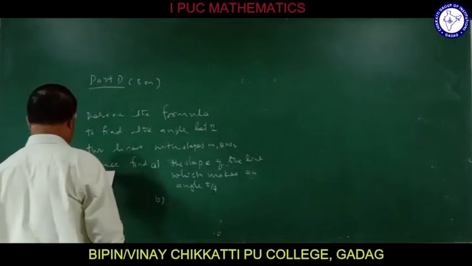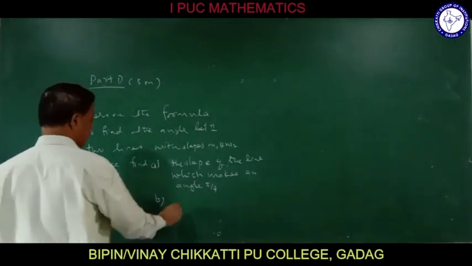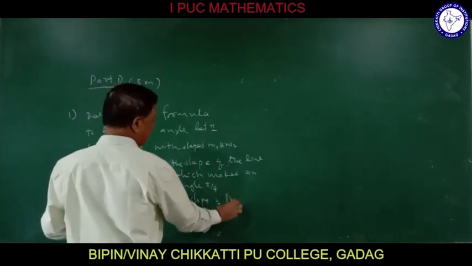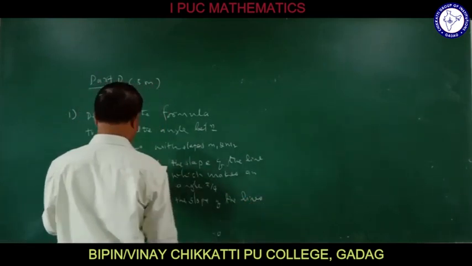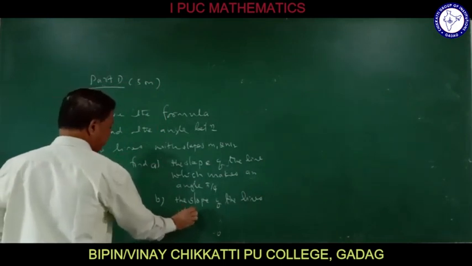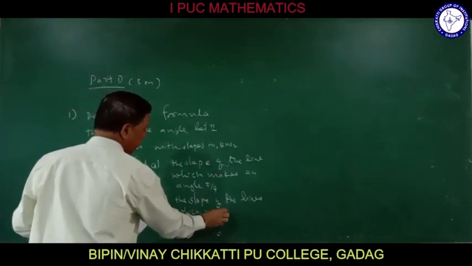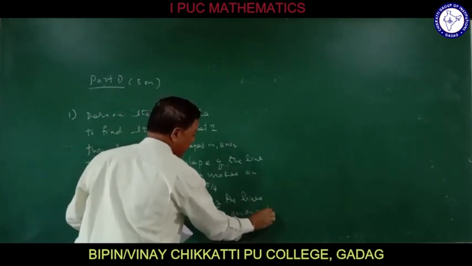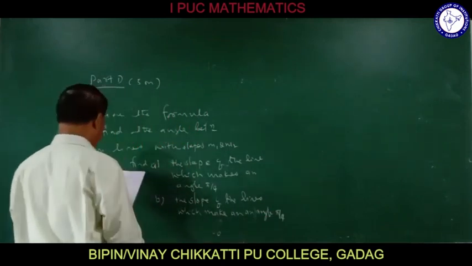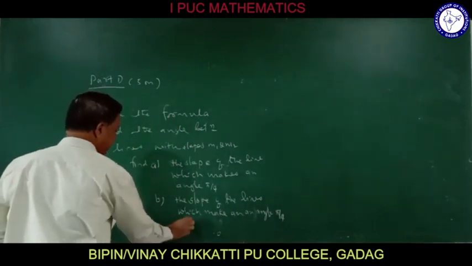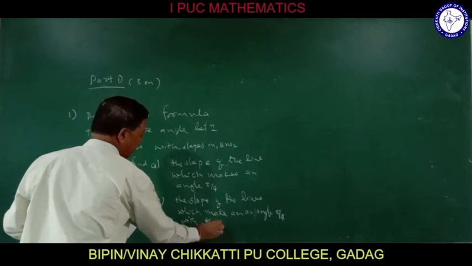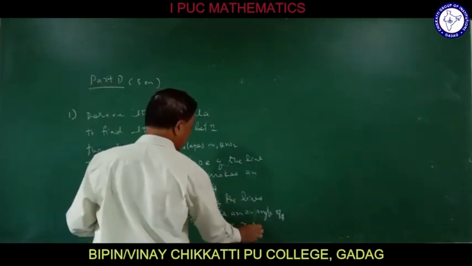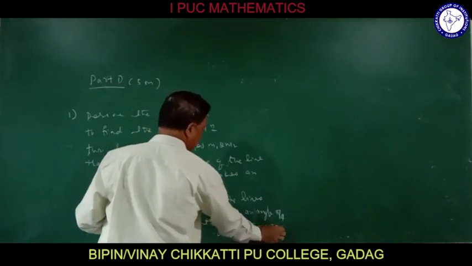The second possibility is the slopes of the lines which make an angle pi by 4 with the line x minus 2y plus 5 equal to 0.